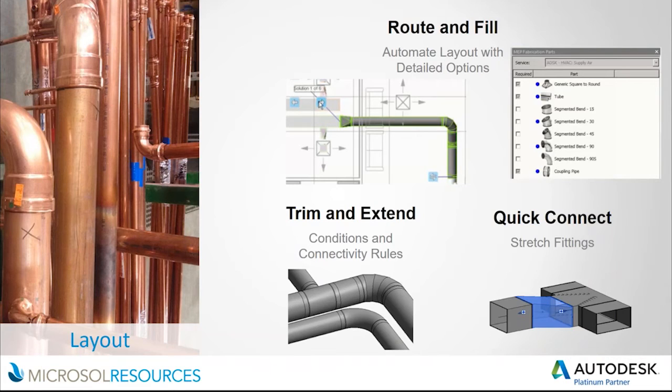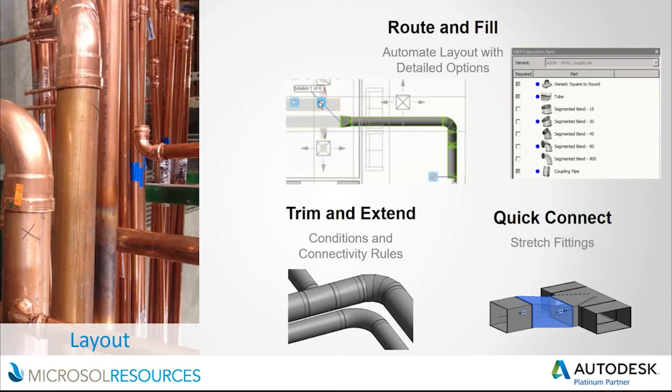So now for layout, in 2017, we have the ability to use common Revit commands for things like editing fabrication parts. If you're used to working with Revit MEP laying out regular ductwork, you know you can use things like trim and extend and those kinds of tools to connect ductwork together and connect piping together fairly easily.